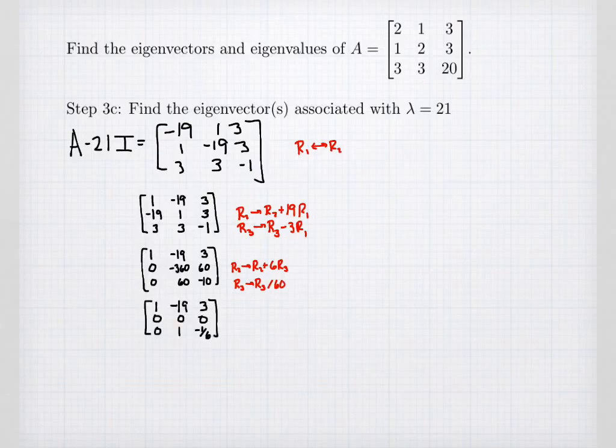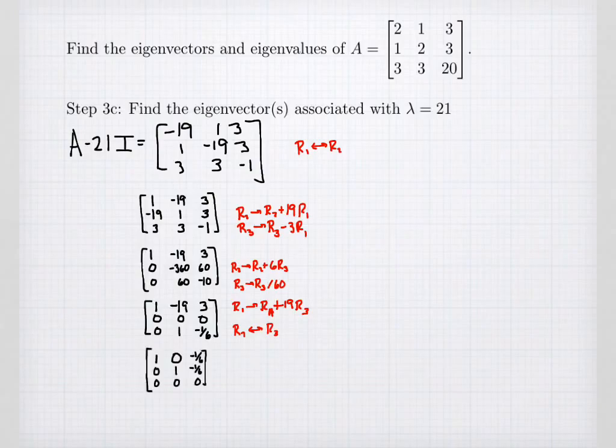Now I can get rid of this negative 19. Row 1 is row 1 plus 19 row 3, and then I'm going to switch row 2 and row 3, and I'll be in reduced row echelon form.